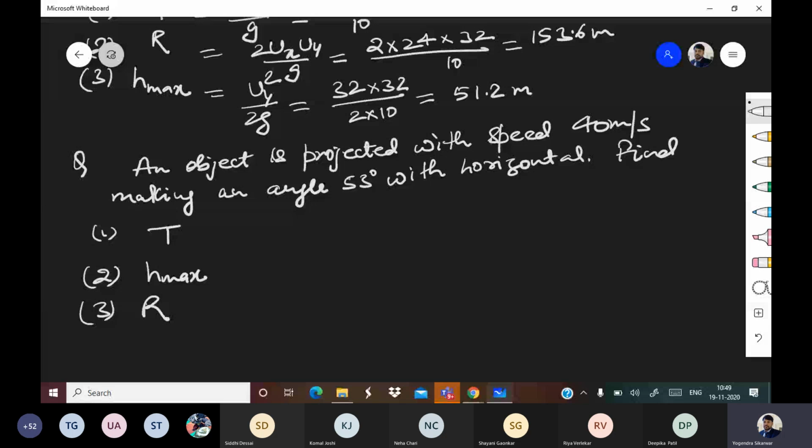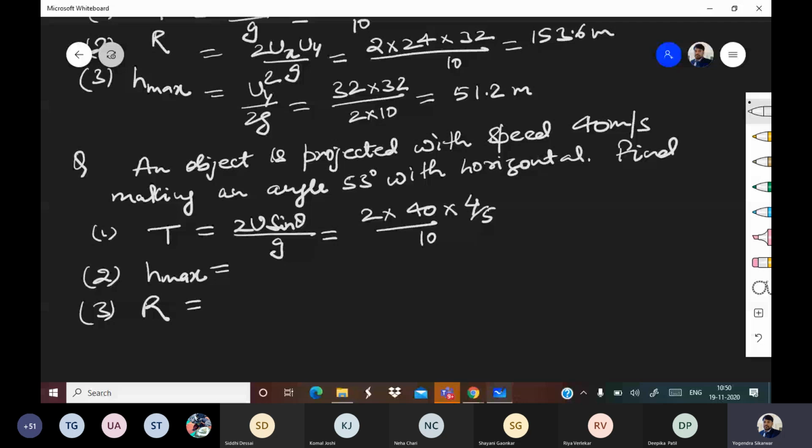Okay, everyone, please pay attention. Actually, the answers for this question are exactly the same as the previous question, and there was no difference between this and the previous question. T is equal to 2u sine theta by g, and that is 2 into u, which is 40, into sine 53. Sine 53 is 4 by 5, upon g, which is 10. That comes out to be 6.4 seconds.